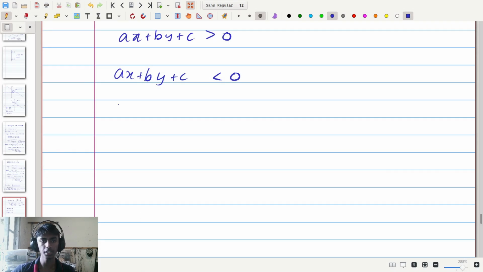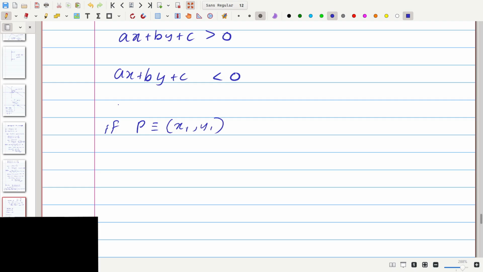So in conclusion here, what we can now do is say that if P is some point, we'll say x1, y1, and Q is some point, let's say x2, y2, then if P and Q are on the same side of the line, as we just found, either both of their corresponding sums are positive or both of their corresponding sums are negative. When we multiply the two together, we get a positive value.